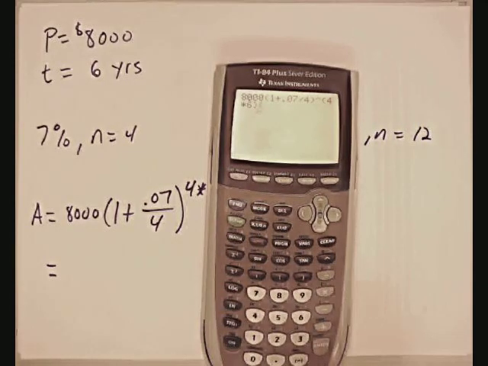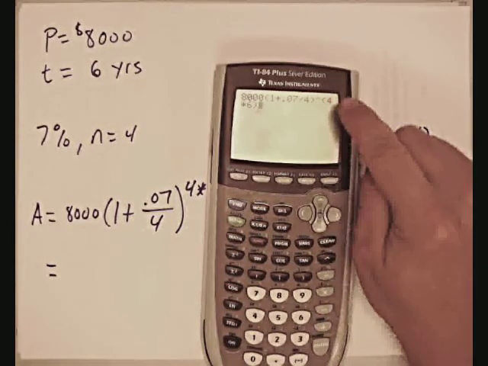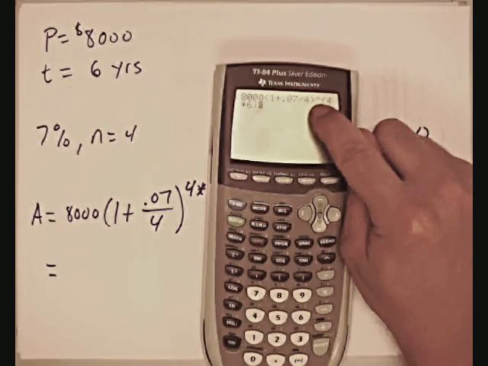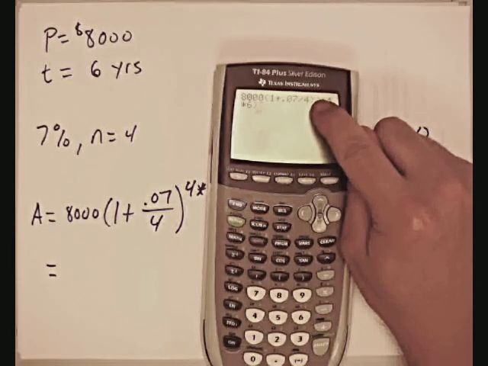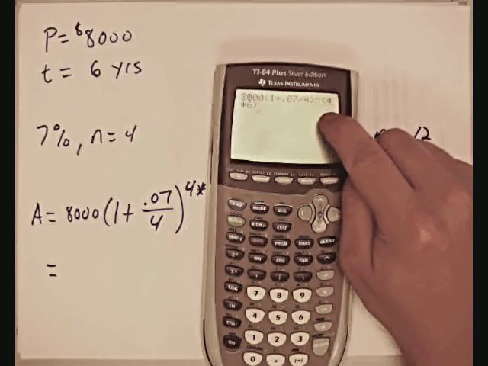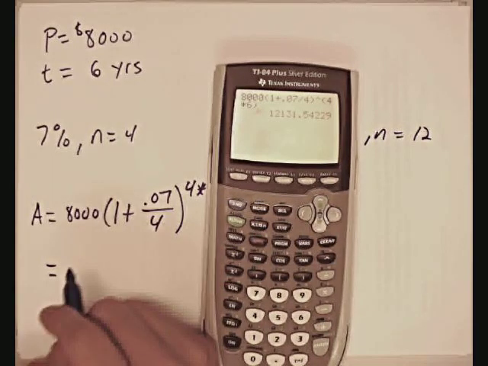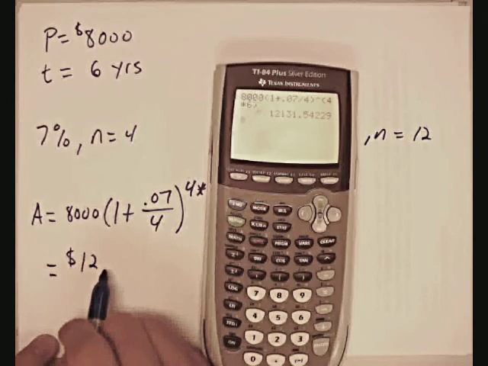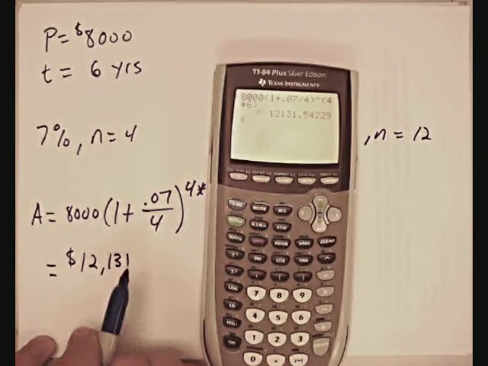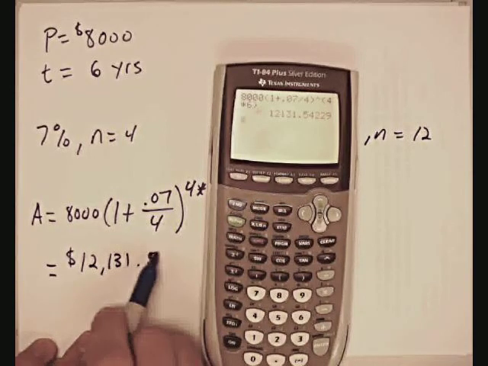If you have a TI-84 plus and you're actually typing in the exponent rather than having the caret key, then you could just type 4 times 6. But on a TI-83, or if you don't have the math print, then you'll have to use parentheses like I'm showing. Okay, and we get $12,131.54.